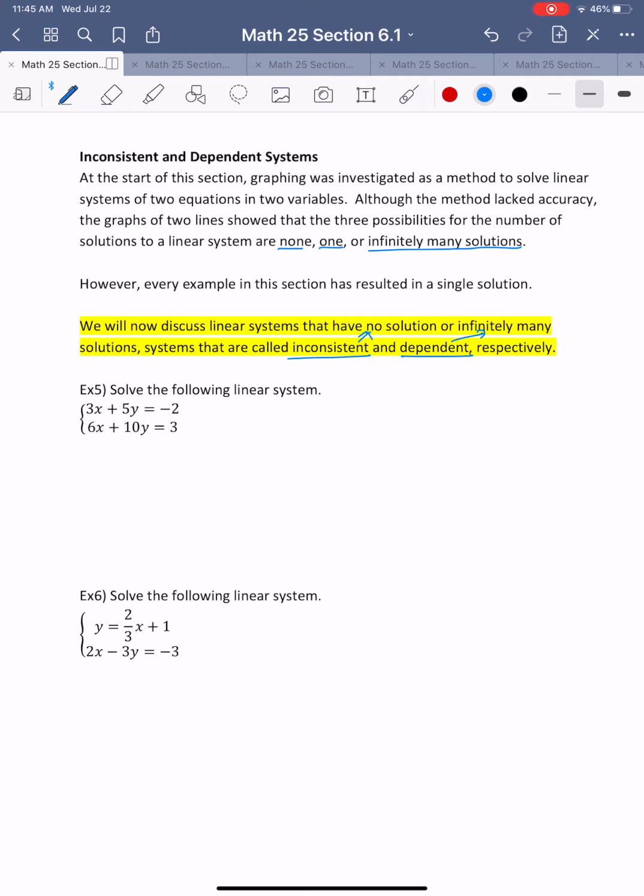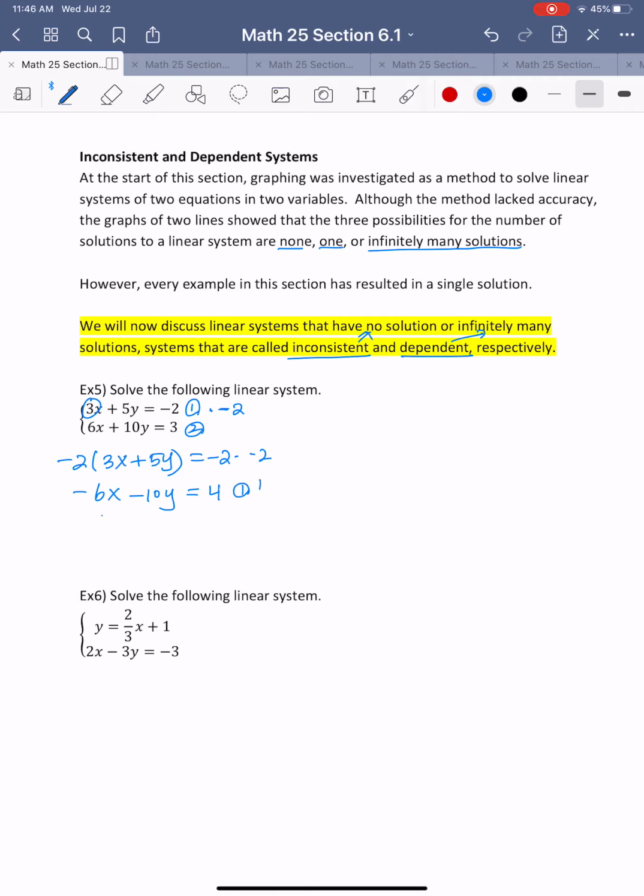So this time, I think I want to use elimination because you can make 3 to 6 by multiplying by negative 2 as the opposite, right? So if we multiply negative 2 by 3x plus 5y equal to negative 2 times negative 2, I have negative 6x minus 10y equal to positive 4, which is equation 1 prime.